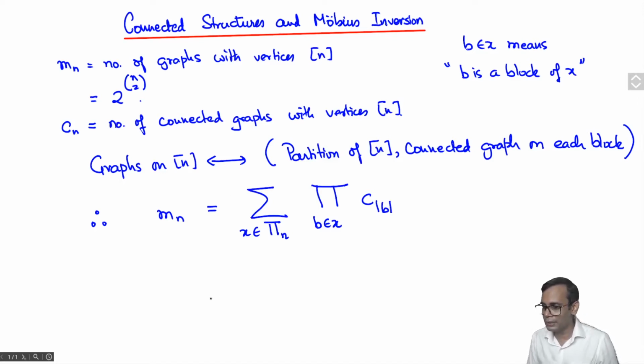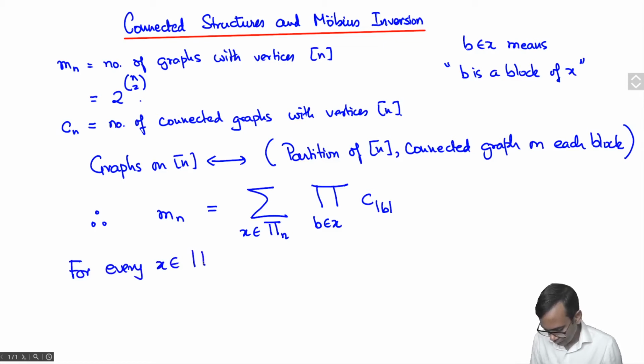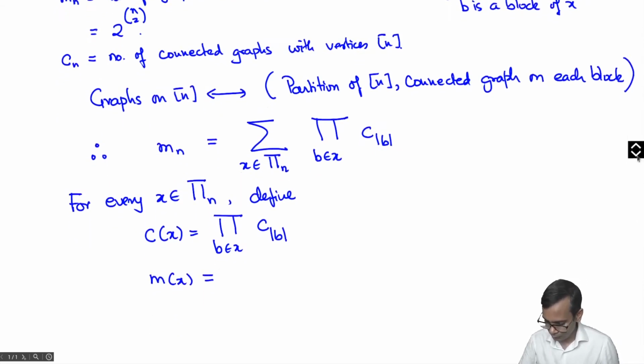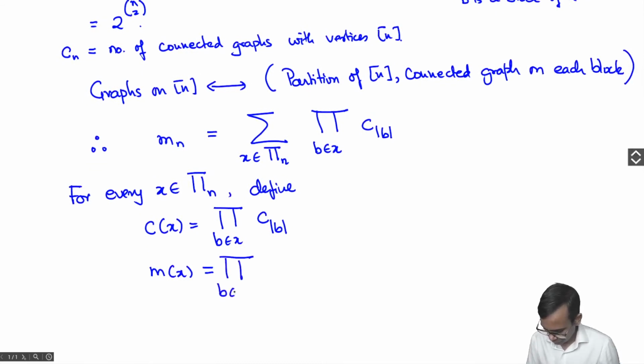To make it even clearer, let's do the following. For every X in Pi_n, you define firstly C(X) to be the product over the blocks of X of C(B), and M(X) we'll define to be again the same thing, the product over blocks of X of M(B).